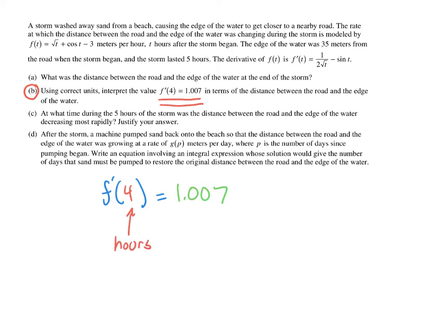And this output, 1.007, is the derivative of f. f was already meters per hour, so this is meters per hour per hour. We usually call that meters per hour squared.